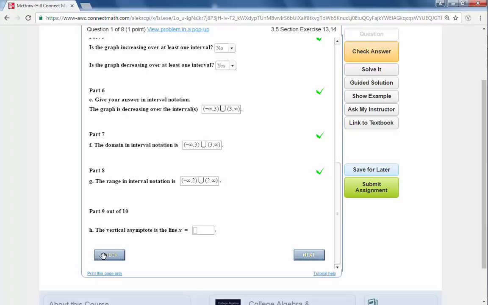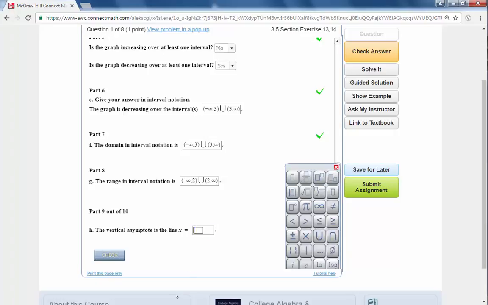So you just need to set it into x. Vertical asymptotes always have this fixed equation. It's x equals something all the time. x equals, and that number is 3. It's happening at 3. Actually, it's the value excluded in your domain. 3 is excluded. That's your vertical asymptote.